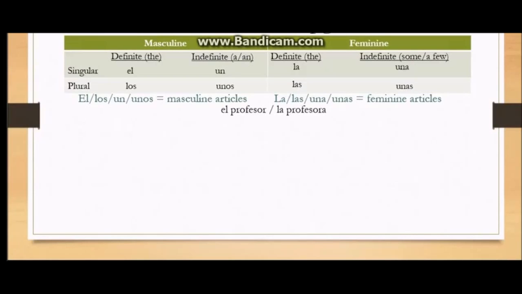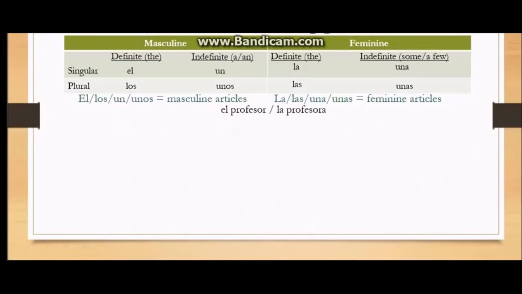We know that profesor is singular and masculine, so el is our only option. El profesor. Profesora is singular and feminine, so la is our only option as a definite article. La profesora.